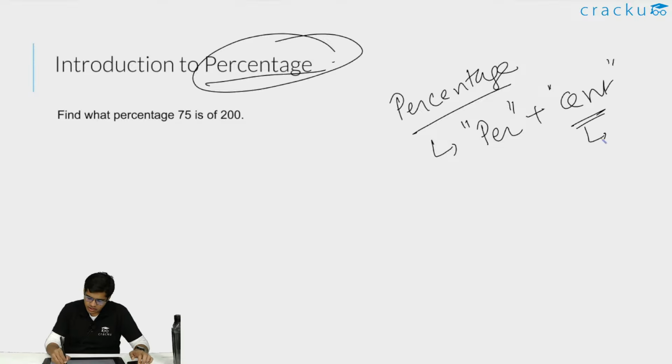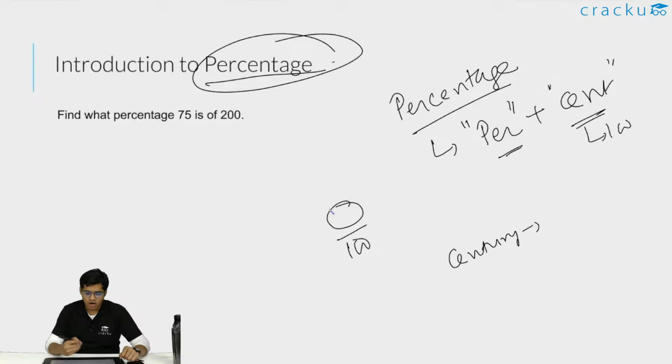Cent is what? 100. The meaning of cent, century. Century means 100 runs, or 100 years. So cent means 100, and percentage means per 100. In terms of 100, what is the value, right? Out of 100, what is the value? That is what we call percentage.